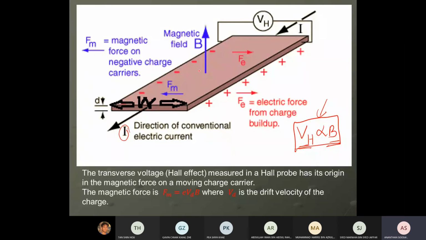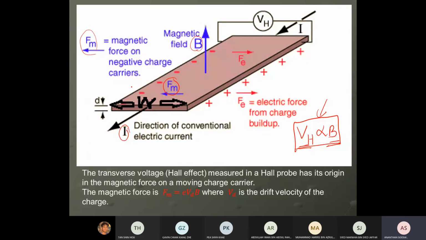Use Fleming left-hand rule. Where will the force be? B is upwards, FBI. Show your index finger upwards. Current is downwards. Your magnetic force will be to the left, FM is to the left.